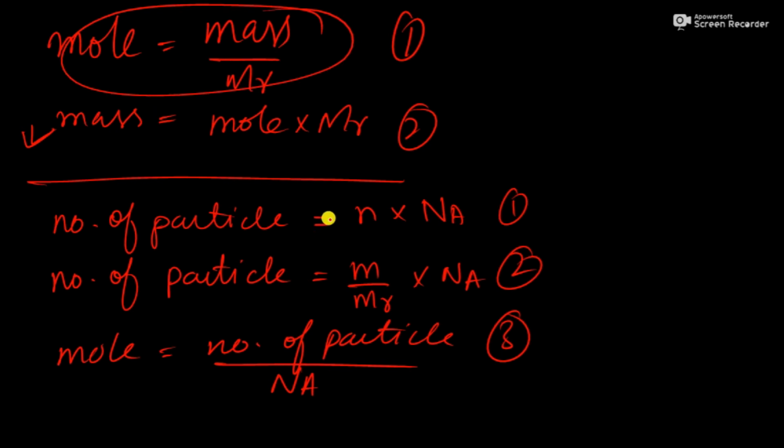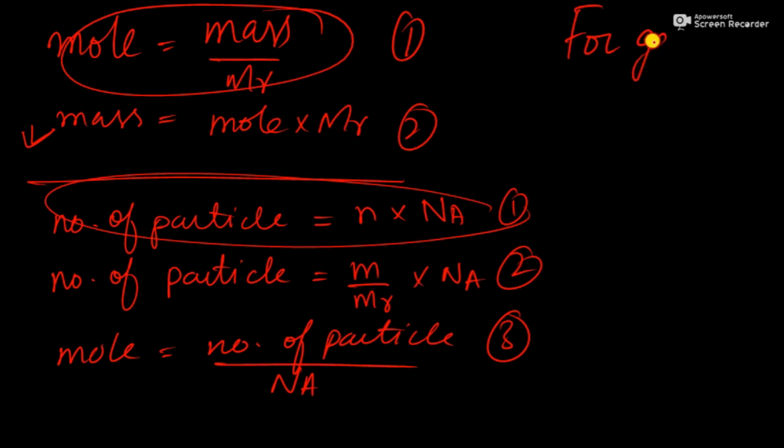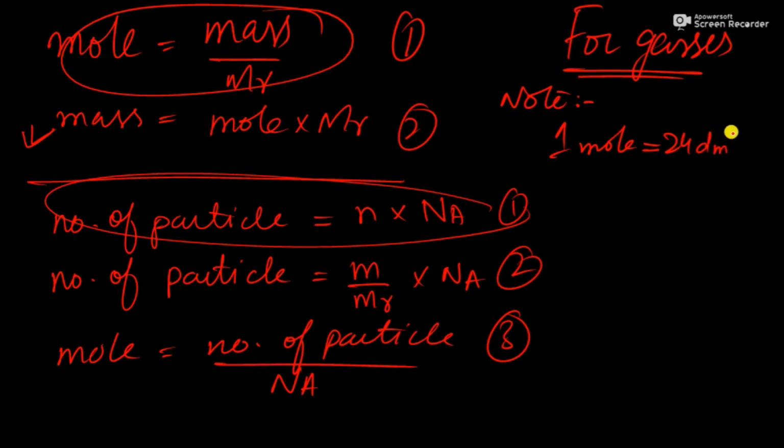One more formula for moles, you have to remember this, it is specifically for gases only. Just remember this note: 1 mole of any gas always contains 24 decimeter cube of volume.